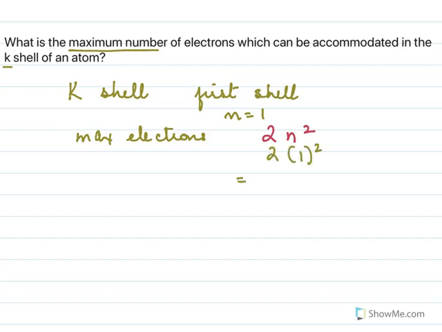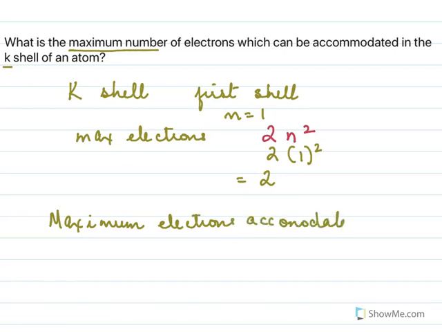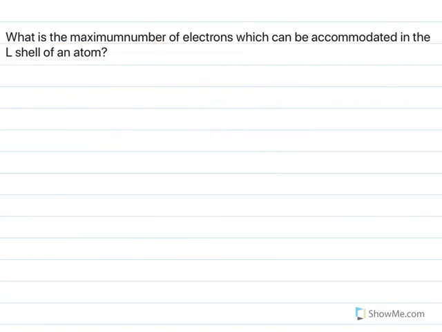So maximum electrons that can be accommodated in the K shell is 2.